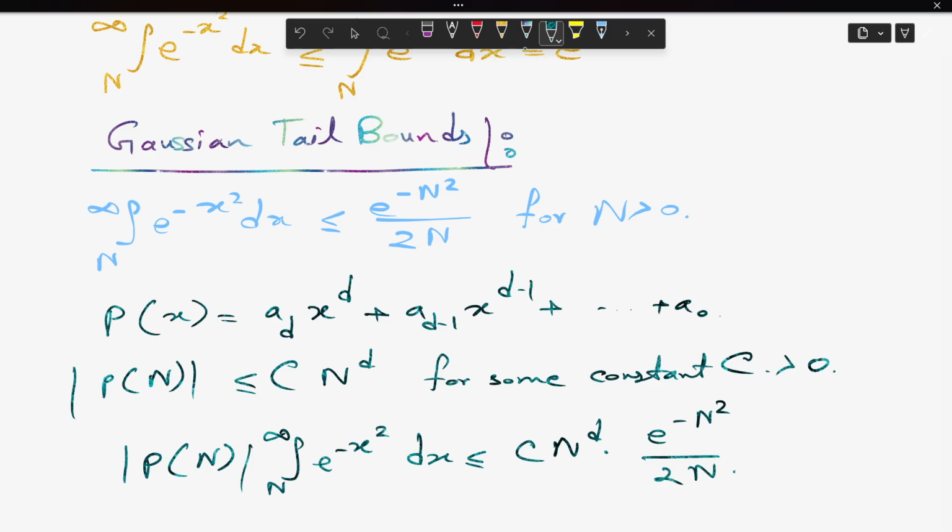That will be c n to the power d minus 1 times e to the power minus n squared.